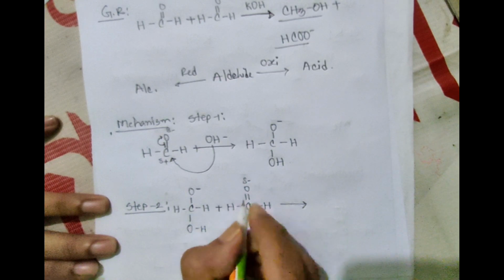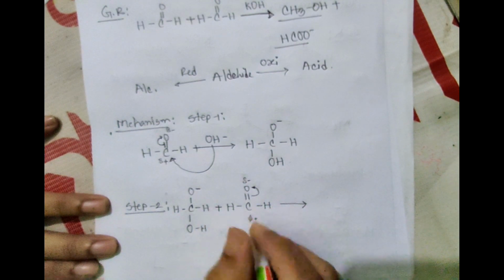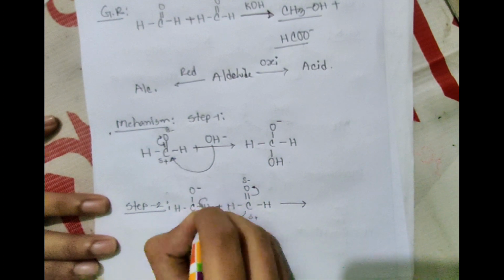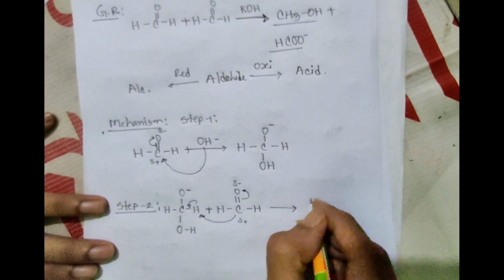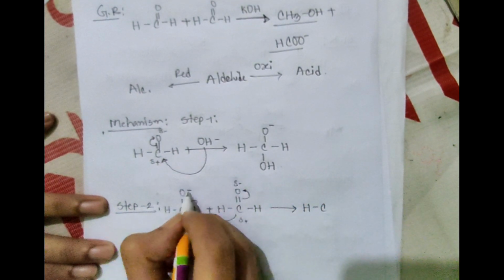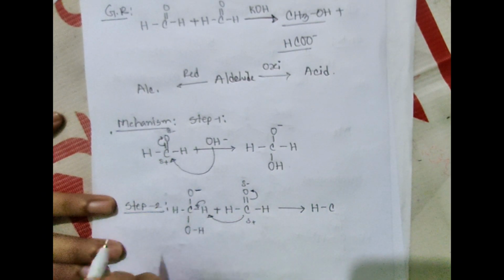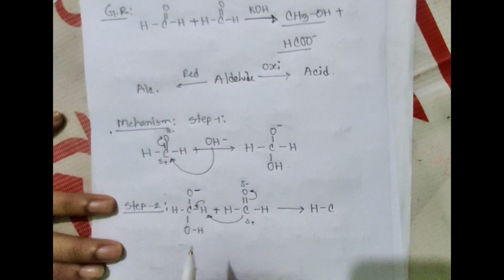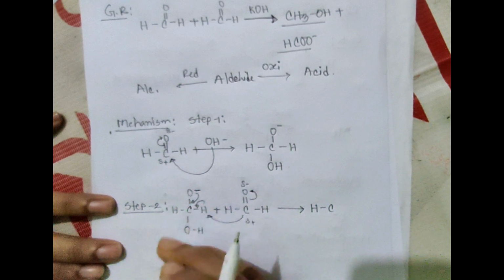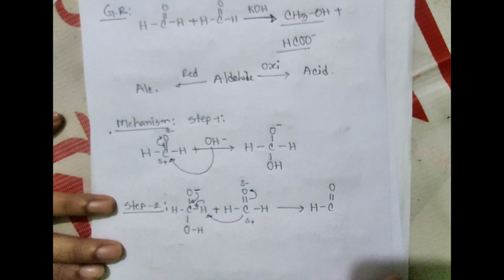So the oxygen takes the pi electrons on itself, and the hydride, this hydrogen, comes out with its electrons and attacks this carbon. Here the oxygen has the pi electrons, and the oxygen gives these electrons back, so a carbon-oxygen double bond forms.